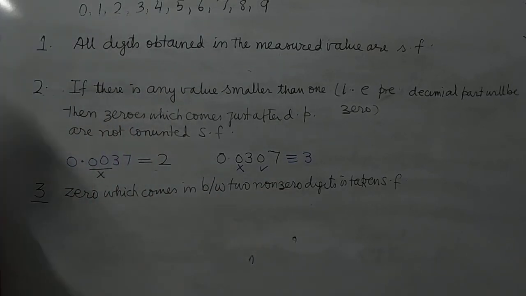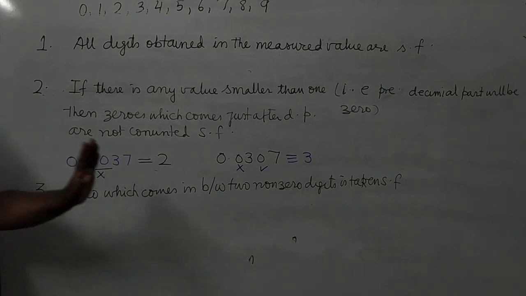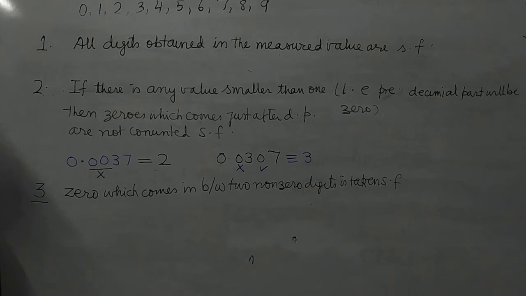So what is the first rule? All the digits present in the measured values are significant. But the zero is considered significant only in some cases. What are those cases? If the zero is coming in between two non-zero digits, then it will be taken as significant.